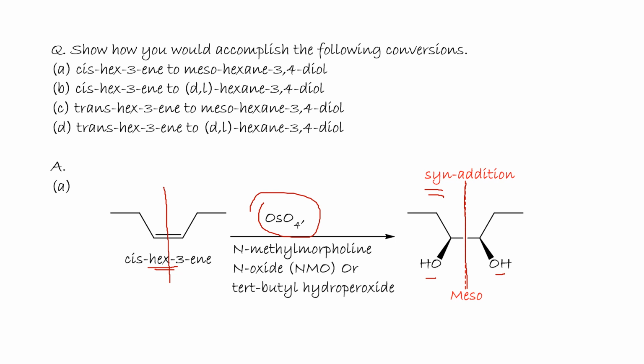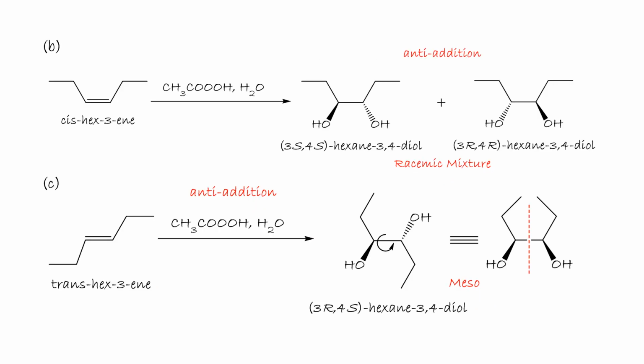So you start with symmetric, and you would like to get meso, which is symmetric. Then you have to add the OHs from the same side. Now you start with cis, but you would like to get D and L, a racemic mixture.